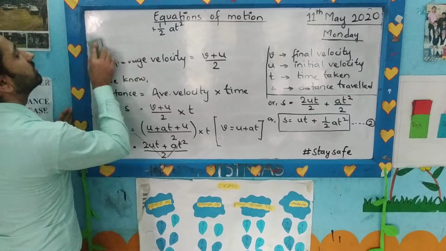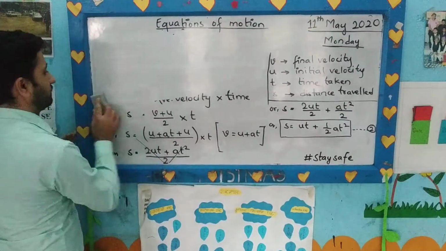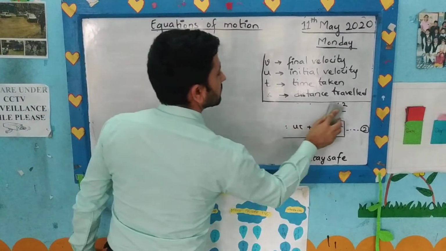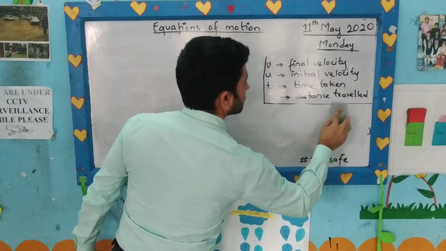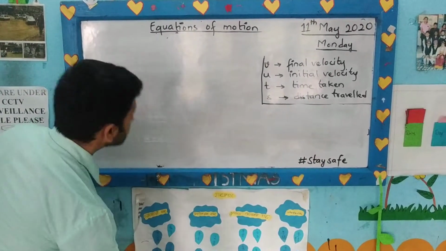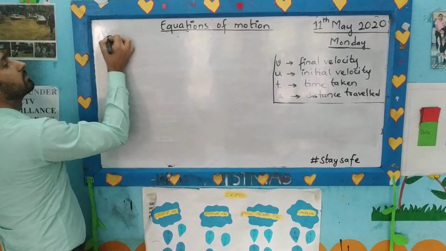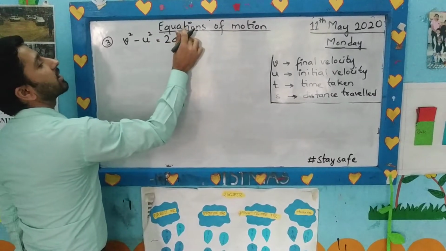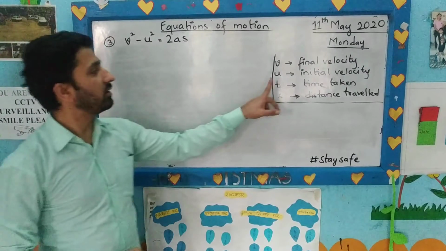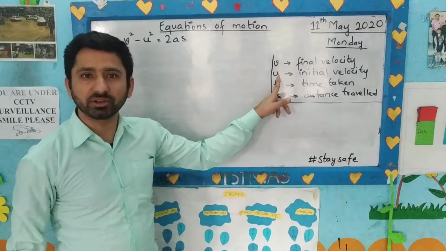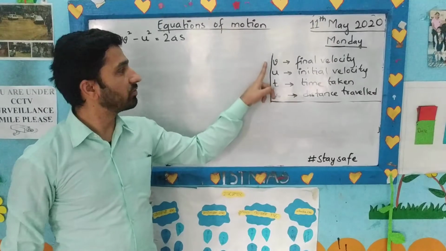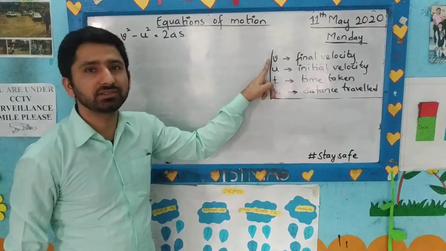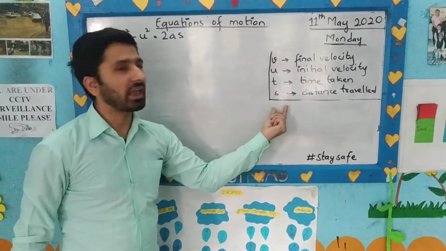Now we move to the third equation of motion, v square minus u square equals 2as. Again, a body is moving with the initial velocity u meter per second, after time taken t, it reaches its final velocity v meter per second, and during this change of velocity, it travels a distance of s meter.